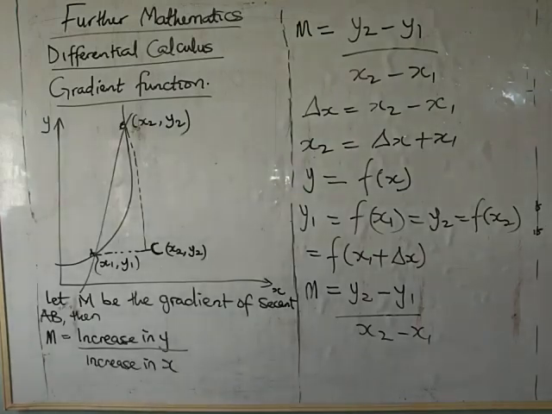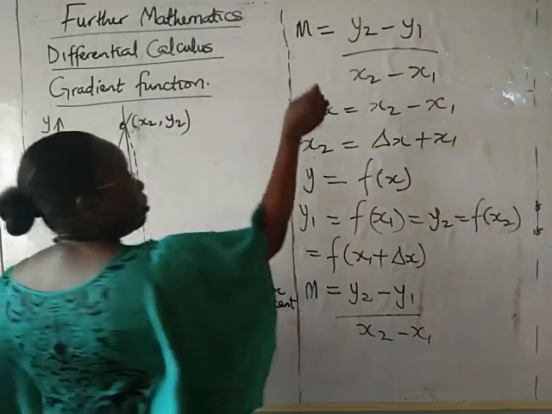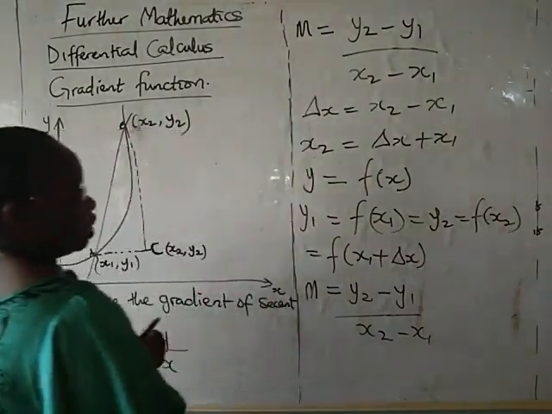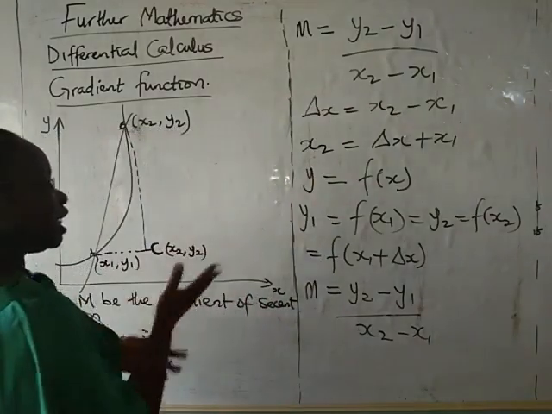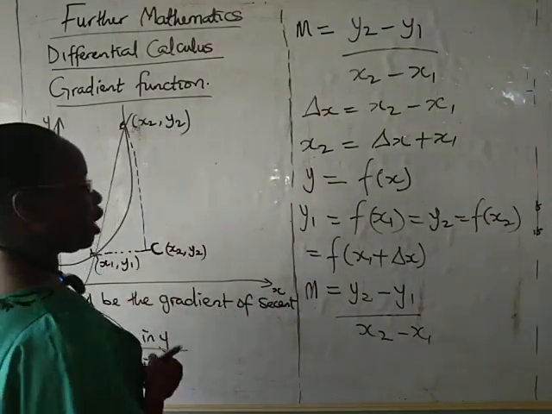Am I communicating right there? My x2 minus x1 is the same thing as my delta x. So I want to interchange the parameters and see what we can observe.